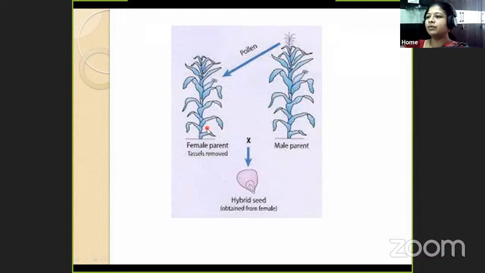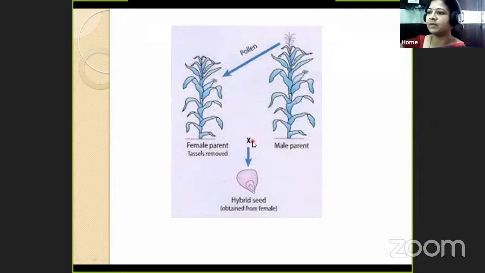So that's why before pollination in this female parent, the male reproductive portion is removed, and then stamens are collected from the male parent. They have to be put on the stigma of the flower on the female parent to encourage cross pollination. Due to cross pollination, new recombinants are formed with desirable characters, meaning genetic material is exchanged between the two different plants.